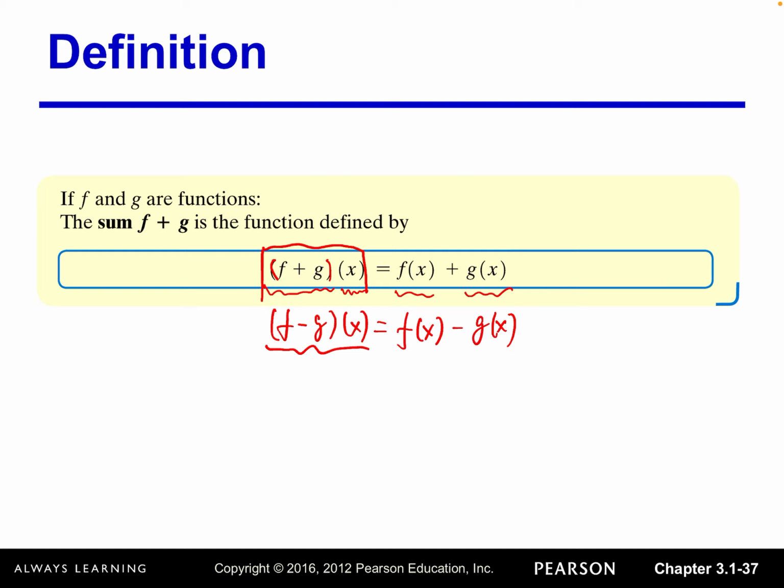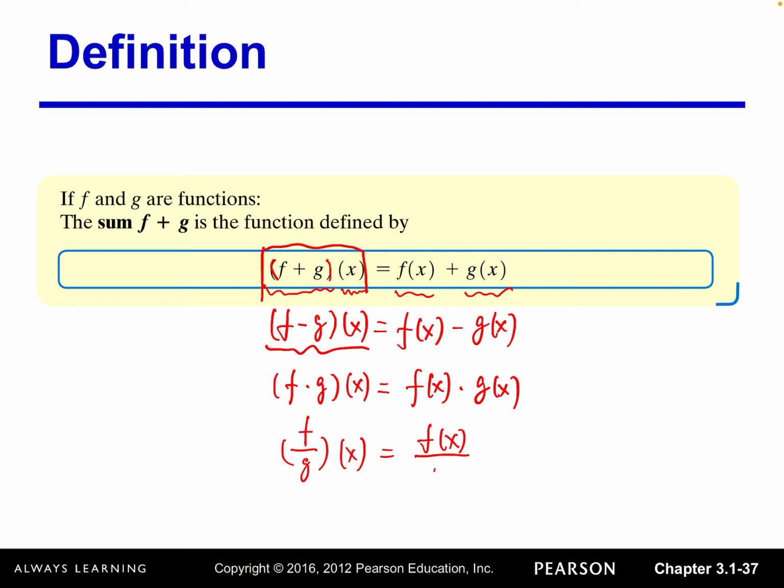And a similar notation applies to multiplying and dividing two functions. Parenthesis f times g, close parenthesis of x, is equivalent to f of x times g of x. And then to divide, we use f divided by g, the function names and then the independent variable x, which is the same as f of x divided by g of x.